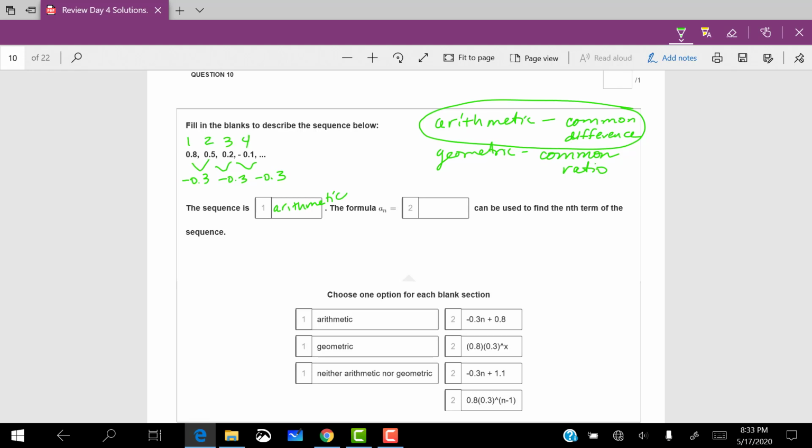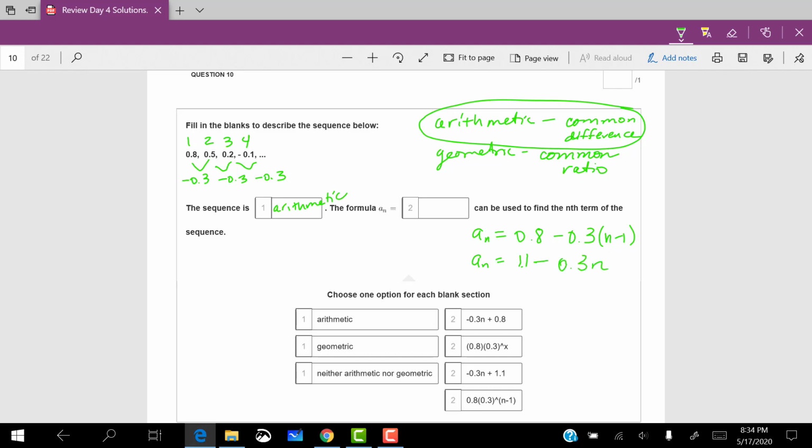So there are a couple ways you can think of it. You can think of it as the nth term is 0.8 minus 0.3 times n minus 1, because the number of times you have to subtract that 0.3 is n minus 1 times. And then if you go ahead and simplify that, you would end up with 1.1 minus 0.3n.